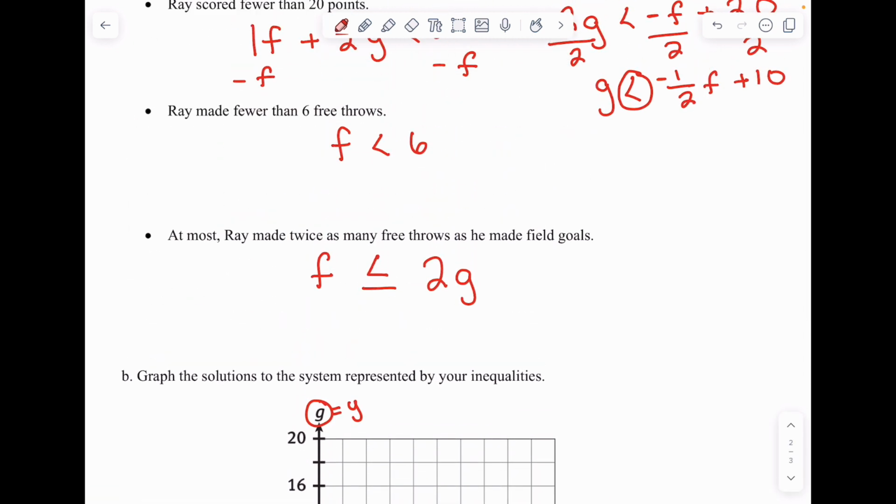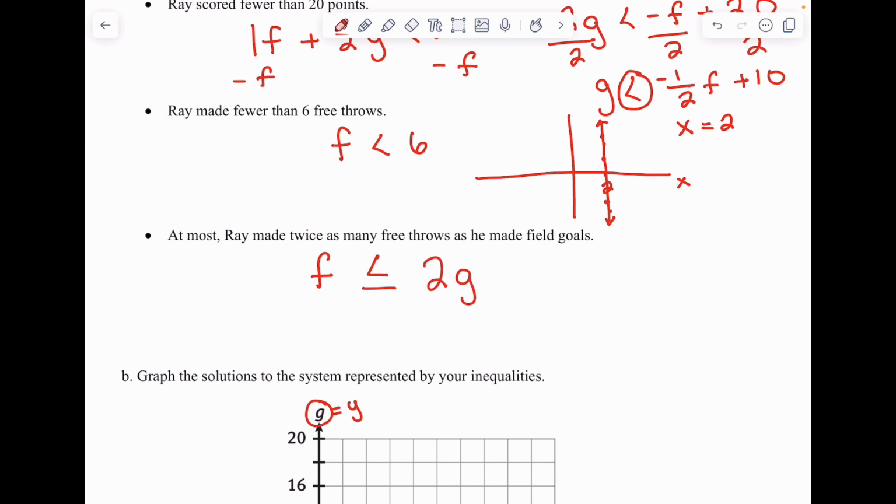For my next inequality, all it says is that F is less than 6. I mentioned this a couple times in class, but if we ever had a line that was just x equals a number, that would look like a vertical line that goes through that number on the x-axis. Because all along that vertical line, x would be that value. So remember, we're treating F like our x value.